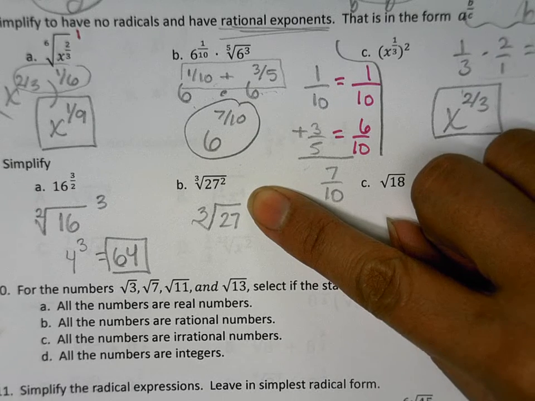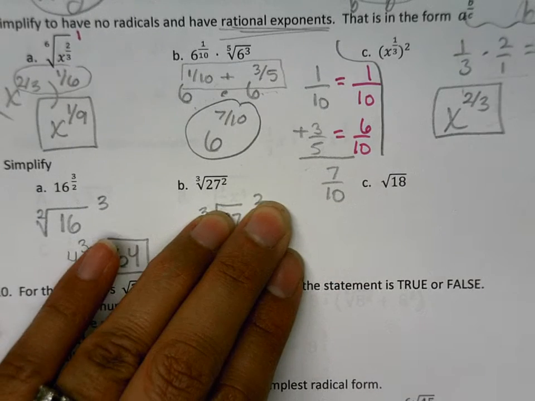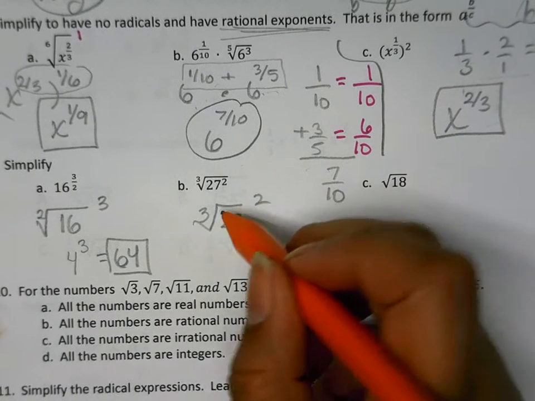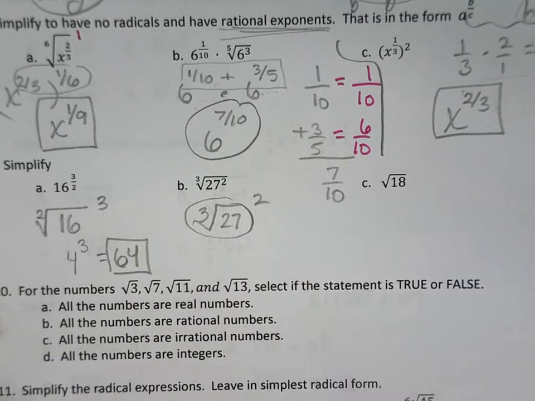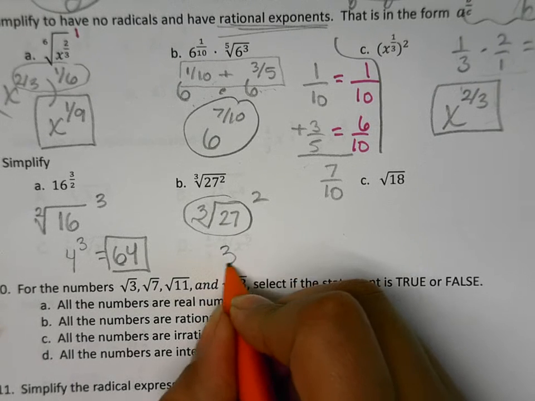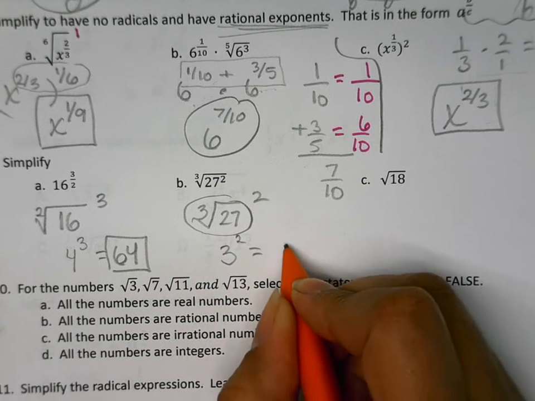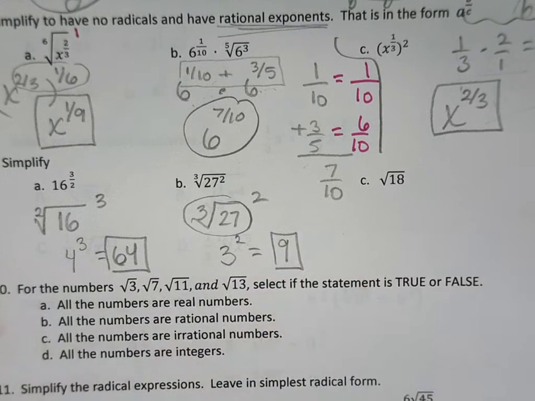So is it easier to square first and then break down, or cube root first and then square? It's always easier to do the radical first if you can. What's the cube root of 27? 3 times 3 times 3 is 27. Is 3 my final answer? No, but 3 to what power? 2, which equals 9.